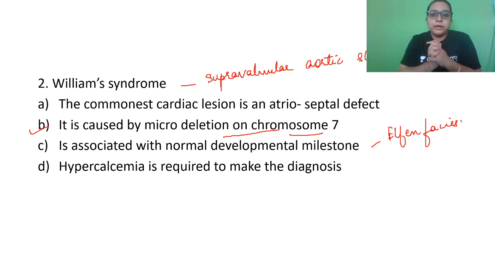Hypercalcemia is required to make the diagnosis? They have idiopathic hypercalcemia, which often goes away by 2 years of age. But hypercalcemia is not required to make the diagnosis. The diagnosis can be made by fluorescent in situ hybridization. Is that clear? So I think I've made my points very clear.